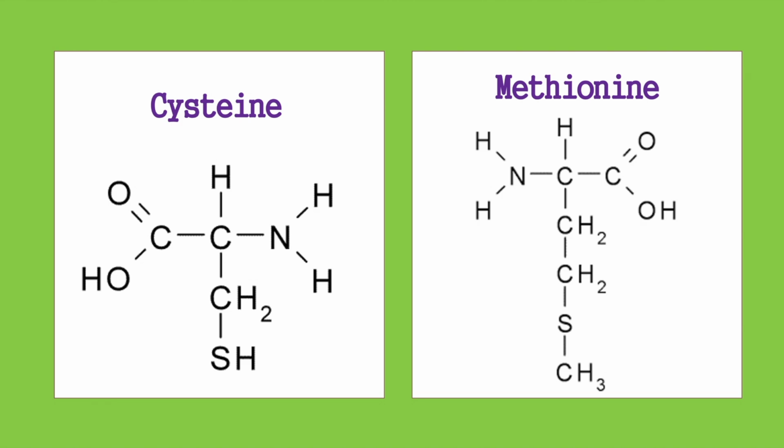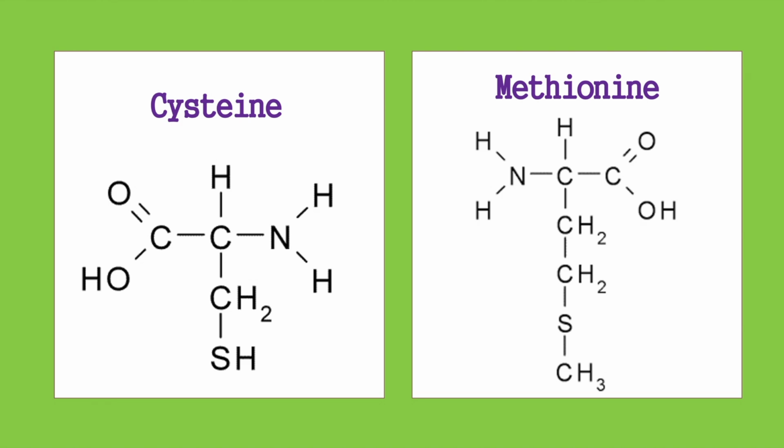One is methionine and the other is cysteine. One of the quickest differences you see is that methionine has a longer side chain than cysteine does. And in methionine, the sulfur atom is found in the middle of the side chain, while in cysteine, the sulfur atom is found at the end of the side chain.